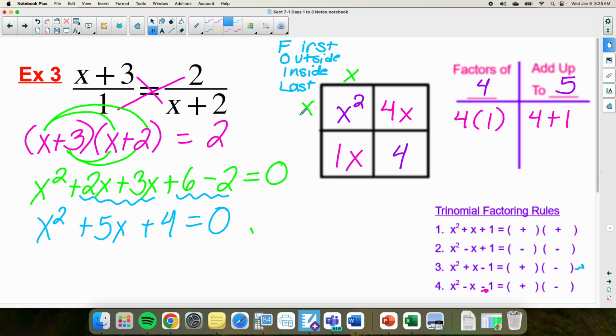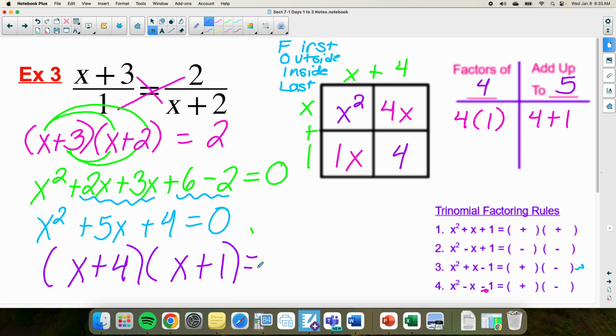Then, to get 4x, this is going to be 4 because 4 times x gives me 4x. And then x times 1 gives me 1x. And 4 times 1 is 4. When there's no signs in between, you put a plus. Okay? So, one of our factors is x plus 4. And one of our factors is x plus 1.